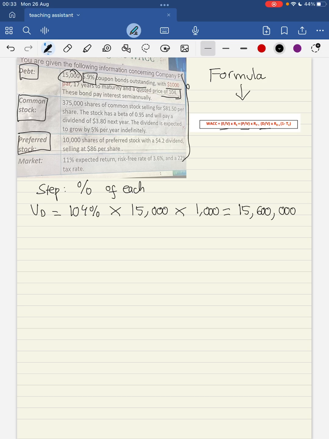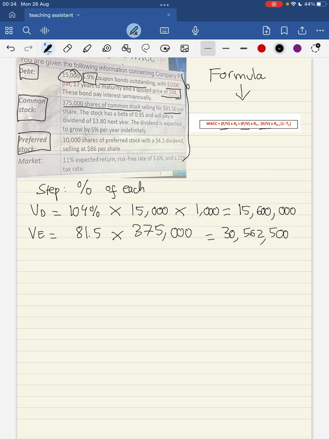Next step is to find the value of equity. We know that this company has 375,000 shares of common stock selling for $81.50 per share. Therefore, the value of the equity will be equal to 81.5, which is the price of the stock, times the number of shares, 375,000, and it's going to give us $30.5625 million.